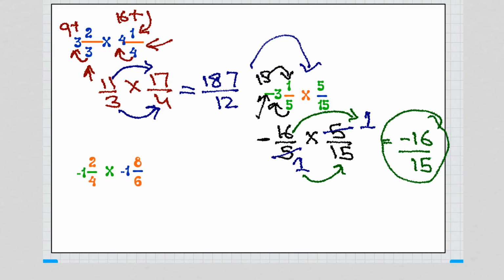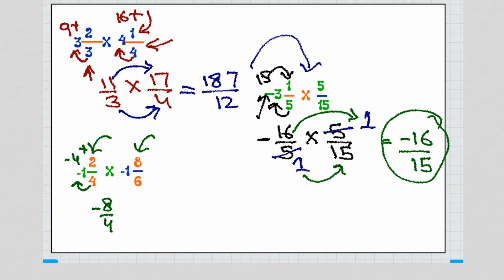Now please have a look at the next example. First thing we do, we will convert both these fractions into improper fractions. Same method. 4 times minus 1 is minus 4. Add 2. Minus 8 over 4.